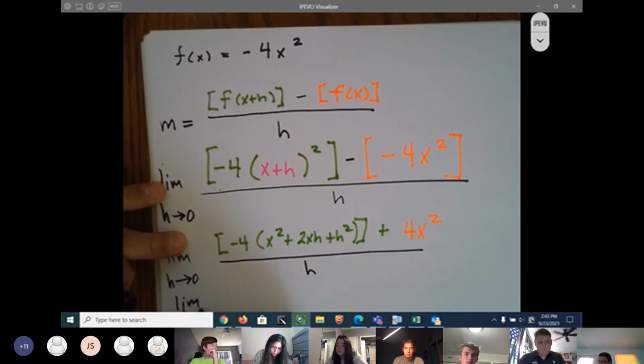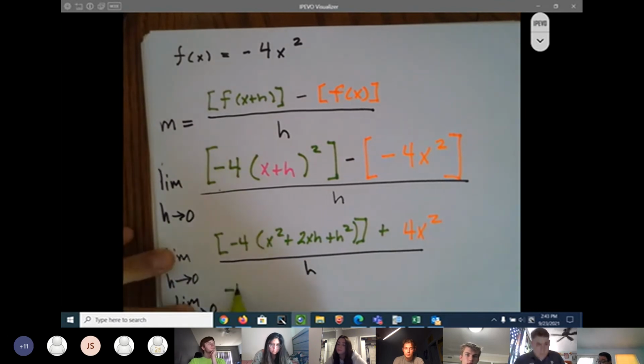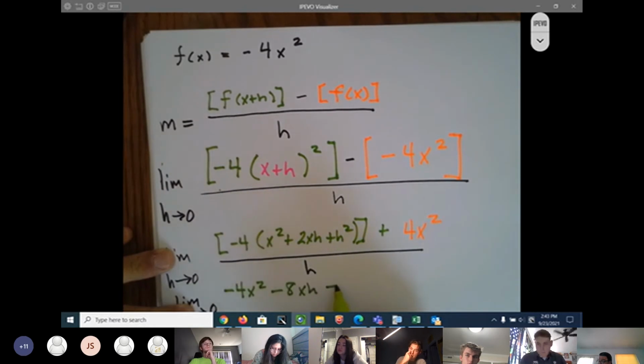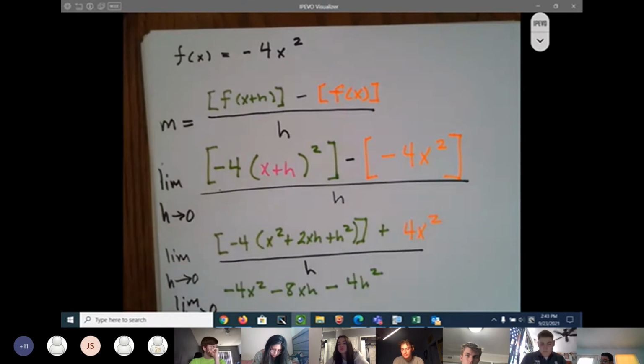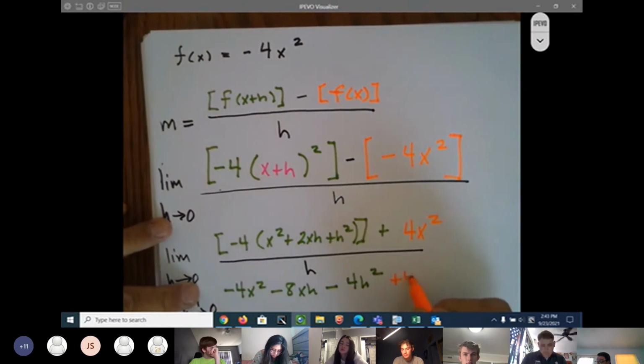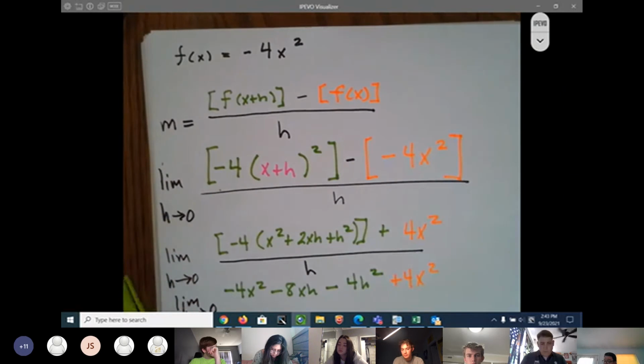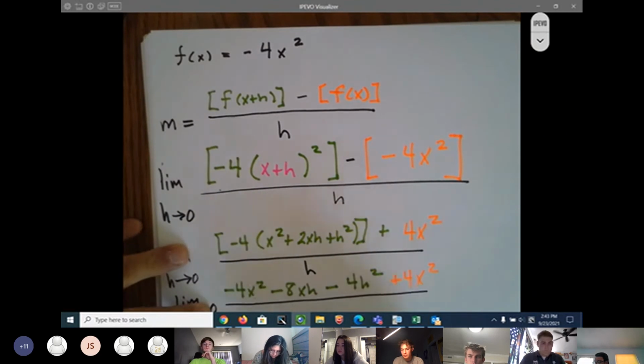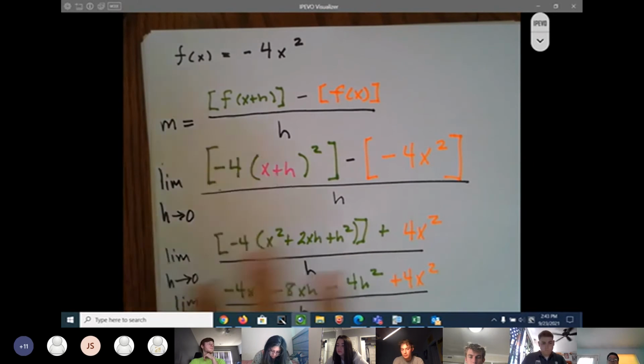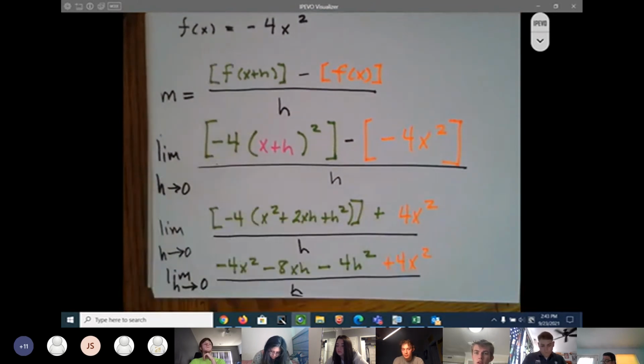That's going to give us the limit as h approaches 0 of negative 4x squared minus 8xh minus 4h squared plus 4x squared over h. The 4x squareds cancel.